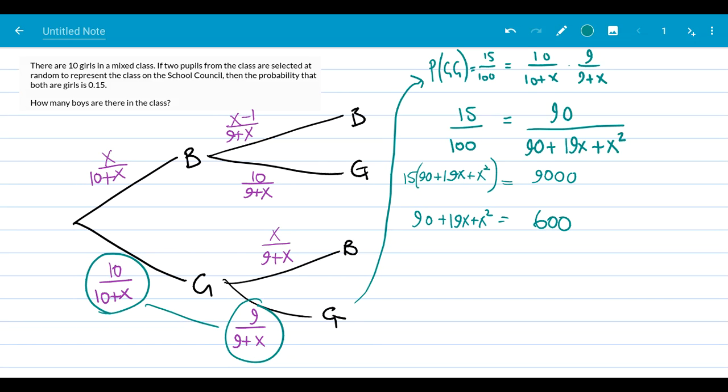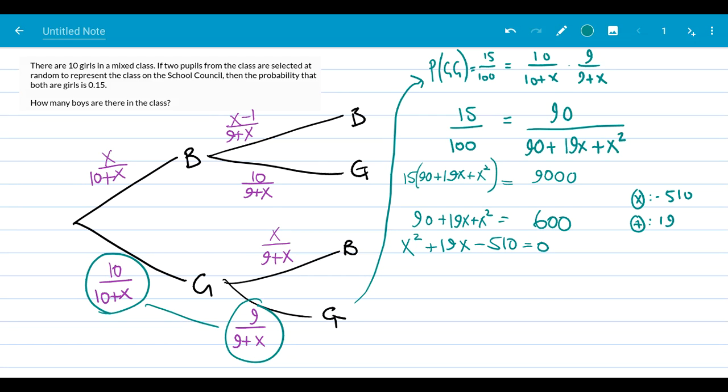And subtracting 600 off both sides, we're left with the quadratic x squared plus 19x minus 510 is equal to 0. Okay, so I need 2 numbers that multiply to get minus 510 and add to get 19.